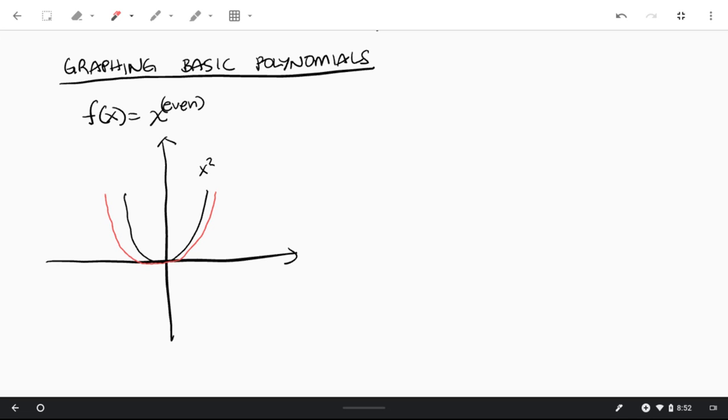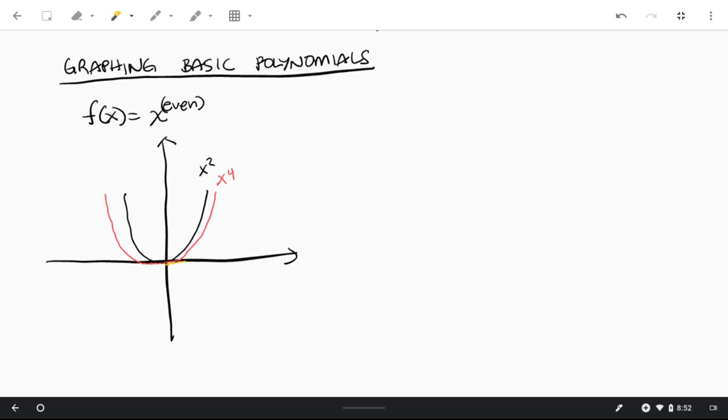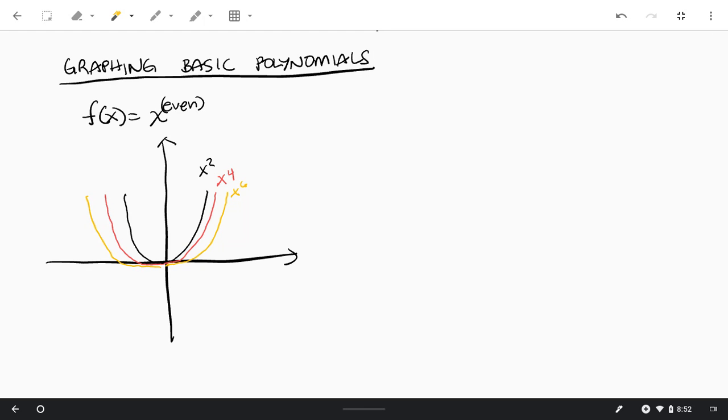And if you do x to the sixth, I'll do that one in yellow, it gets even flatter around here. And I can keep going. X to the eighth would be even flatter. So right around the origin, it just sort of looks a little flat.